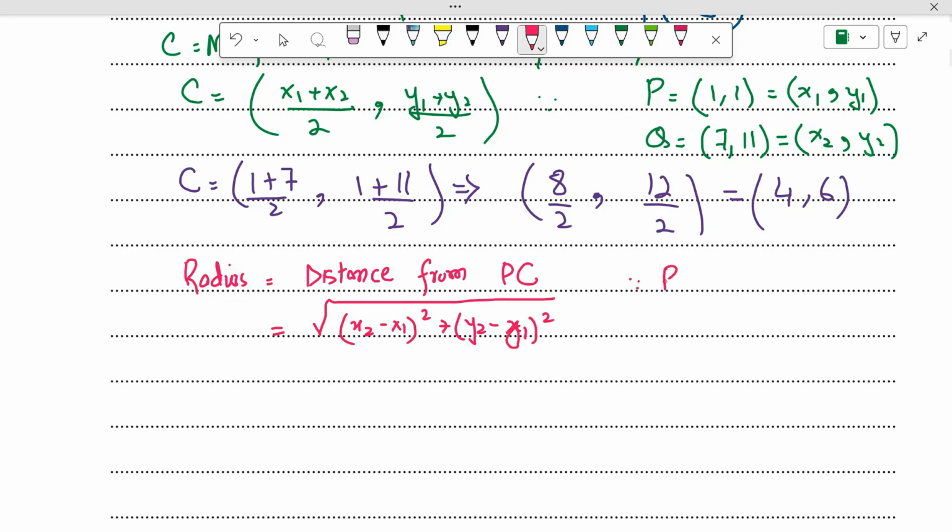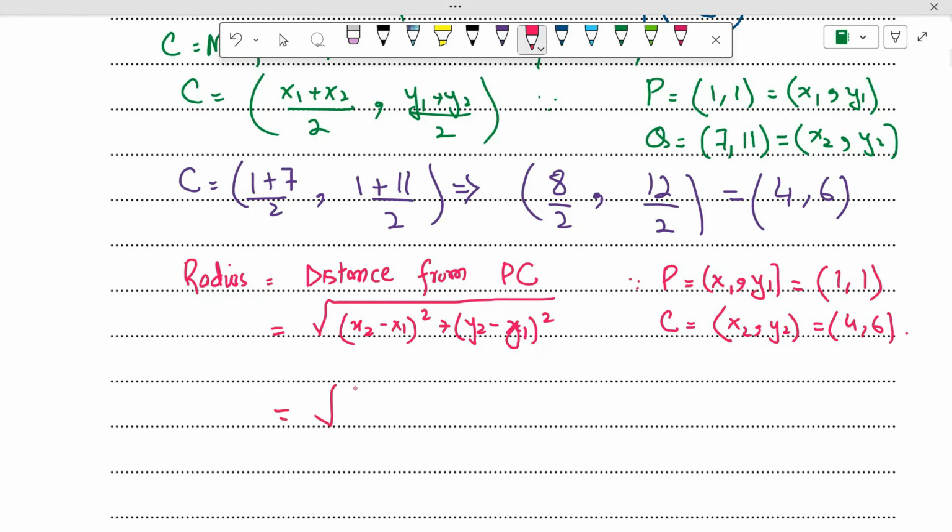In this case, P is (x1, y1), which is (1, 1), and C is the center which we just calculated, which is (x2, y2), equal to (4, 6).